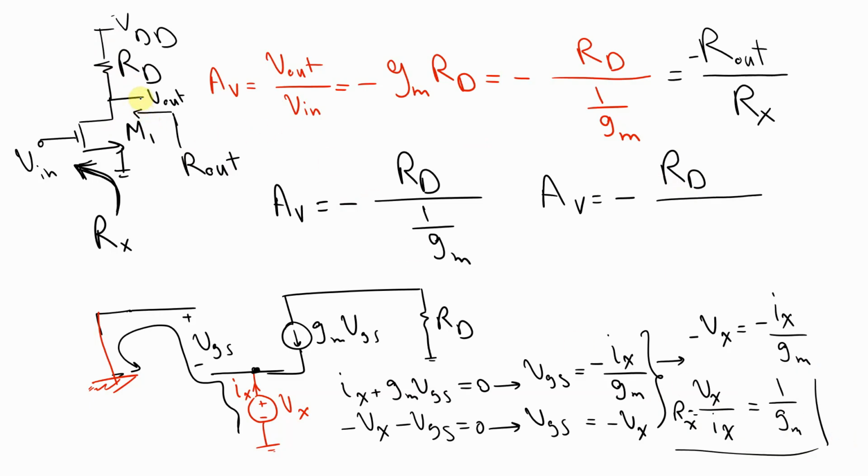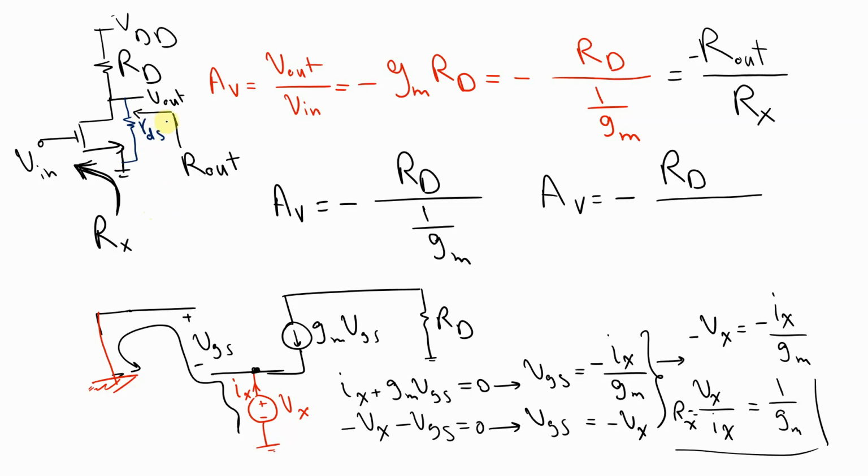Here I'm gonna draw it carefully. Just eliminate M1, and this is the resistance between drain and source, which I call R drain source, when I consider the early effect.